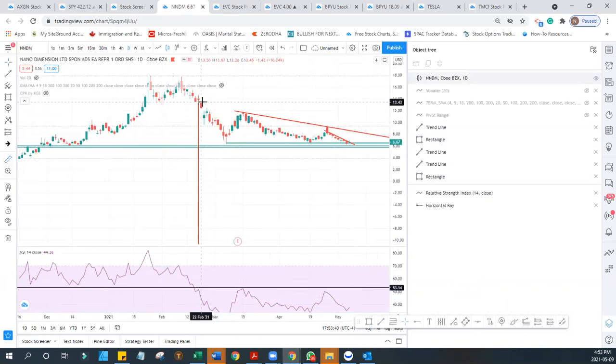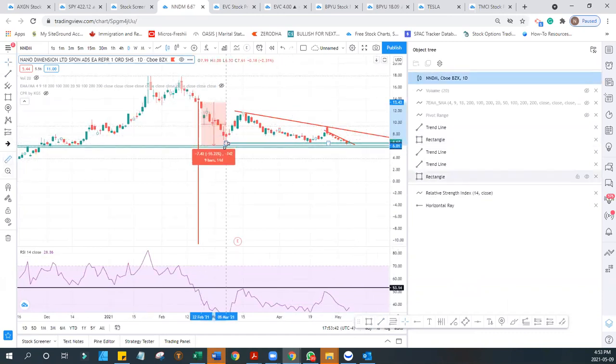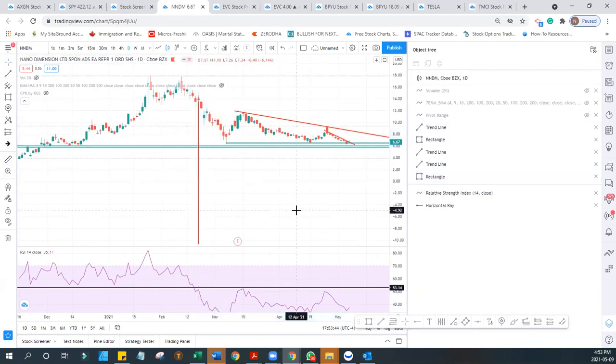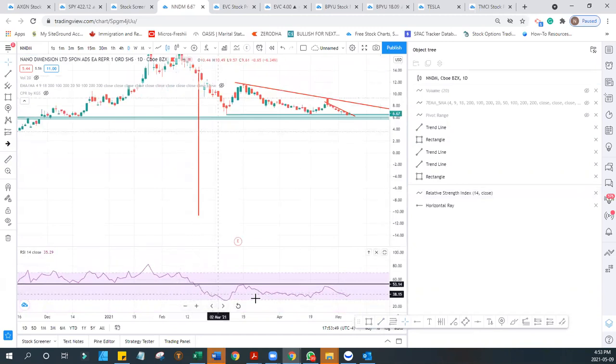So it gave a decrease of more than 55%. Why? Because there is no strength in the market for the RSI.